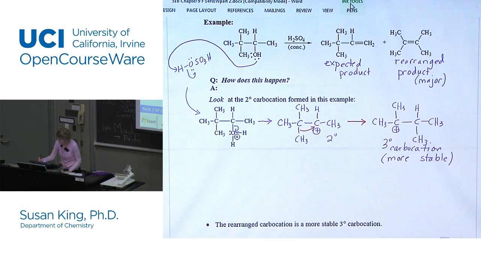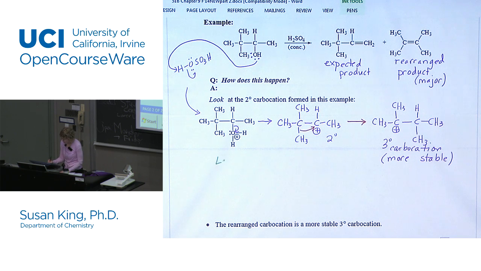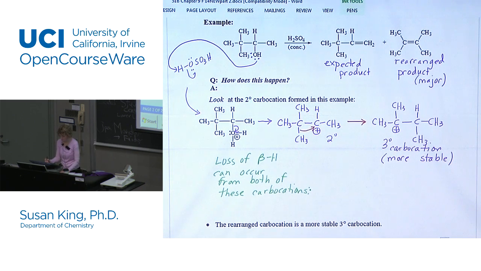Okay, so it turns out that the elimination, which is the second step here, the loss of the beta hydrogen, can occur from both of these carbocations. So I'm going to draw both of them. I'm going to draw the first one unchanged before the rearrangement.